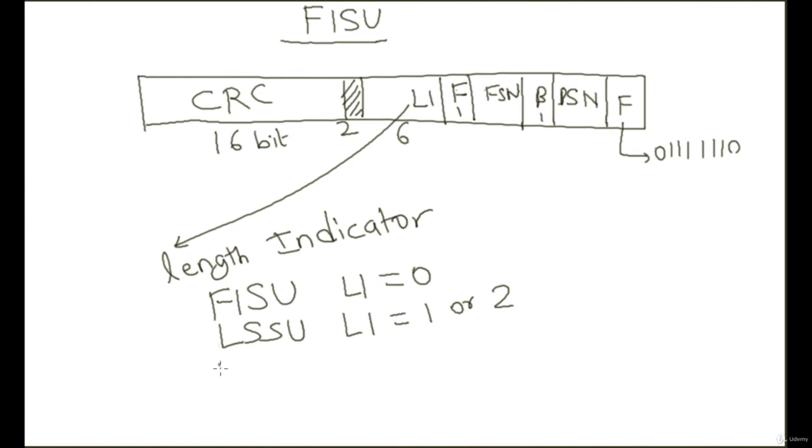But if it is MSU, then length information is going to be greater than or equal to 3. That is, there will be a lot of information in the MSU. So precisely based on just the length indicator, these packets are distinguished and accordingly they are handled. Okay. Now we'll understand all the procedures which are made available to us by the MTP2 layer.